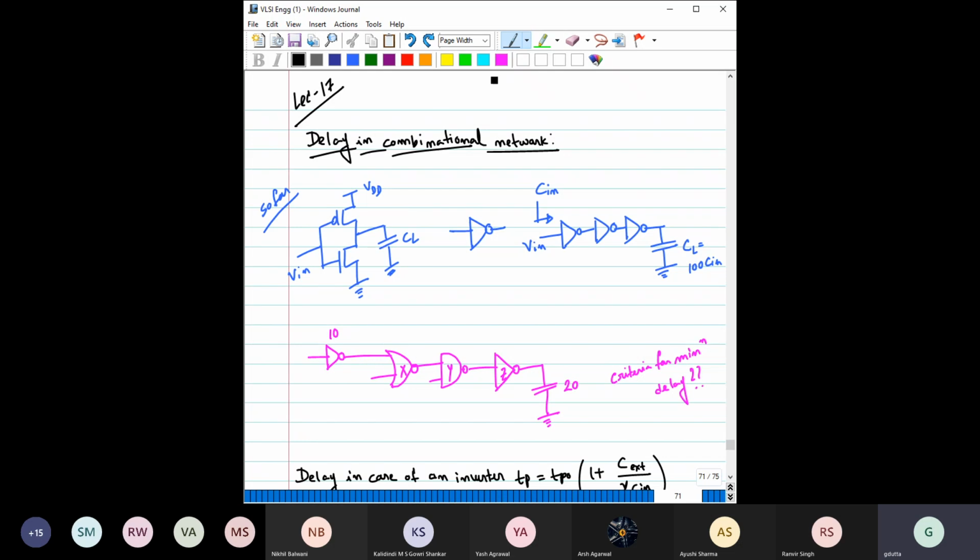There will also be one intrinsic or parasitic capacitance, coming from the PMOS and NMOS. CL is contributed by the next stage, but there is one parasitic part, CP.